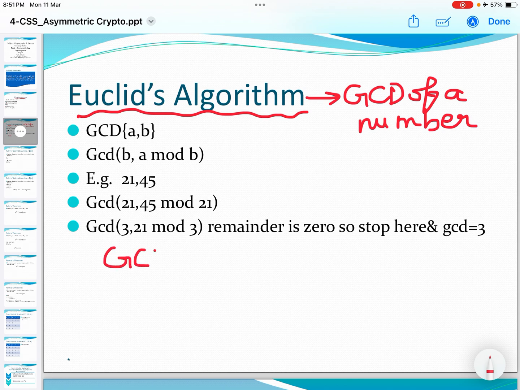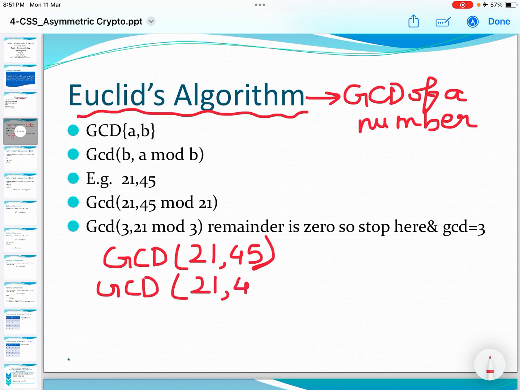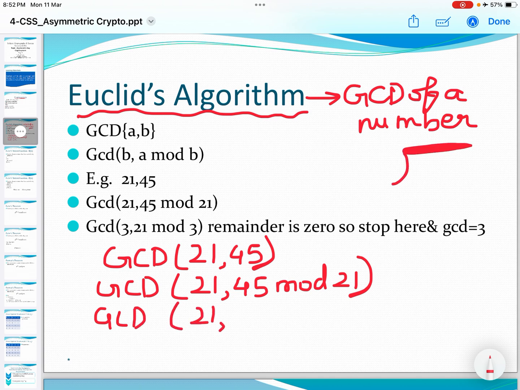So GCD of 21 comma 45 will be GCD of 21 comma 45 mod 21. 45 mod 21 is 21 twos are 42 and the remainder is 3.